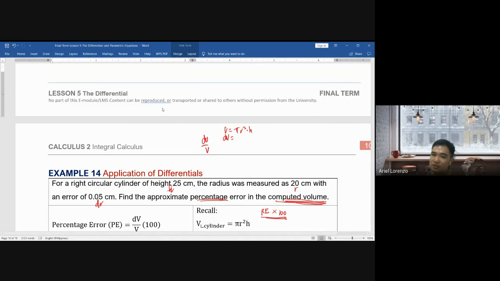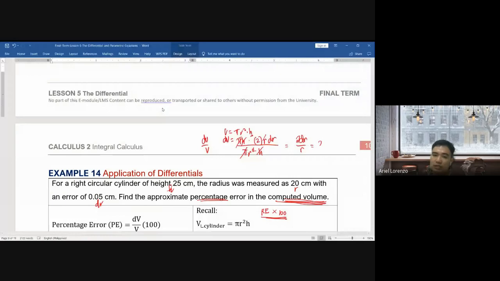Di ba? h is constant. So parang multiplier lang siya. Huwag kayong mag-product rule ha, kasi si h is constant. And then times 2r to the power 2 minus 1, the derivative ni r is dr. Divided by V. So ano si V natin? Pi r squared h. So makakansel si h, makakansel si pi, makakansel si r, may isang r na maiiwan. So parang twice dr all over r.